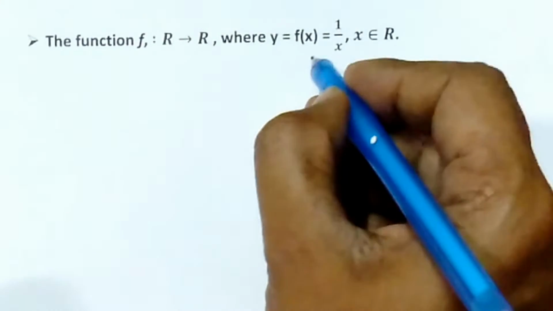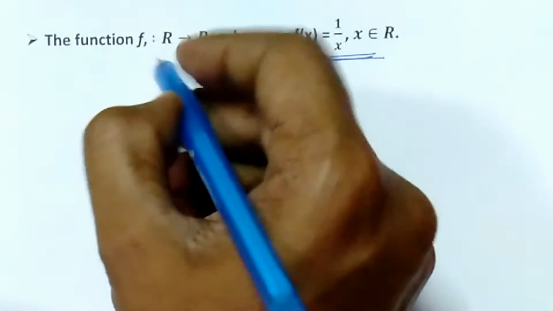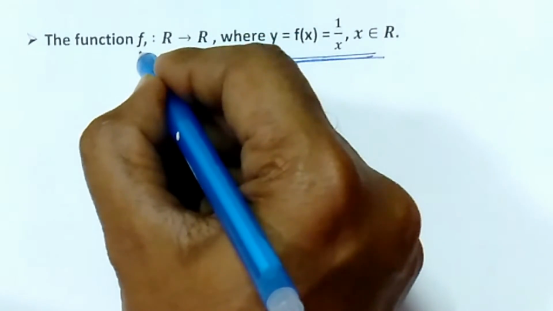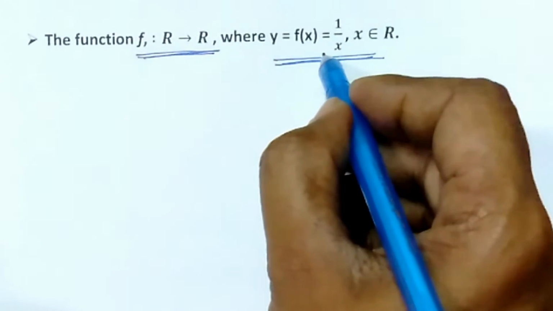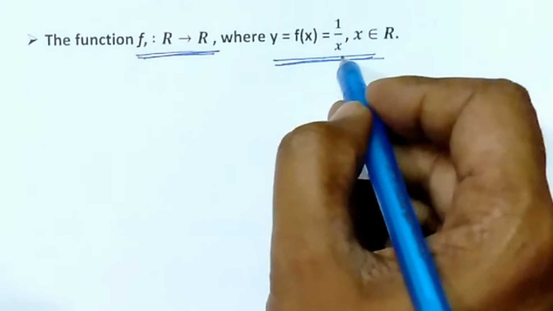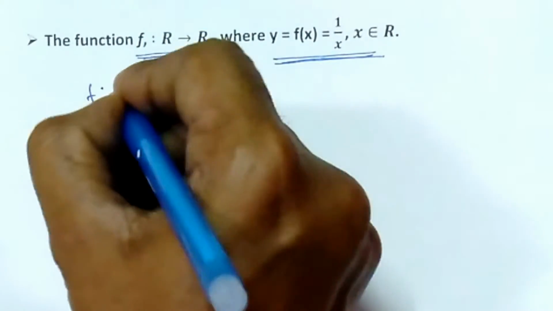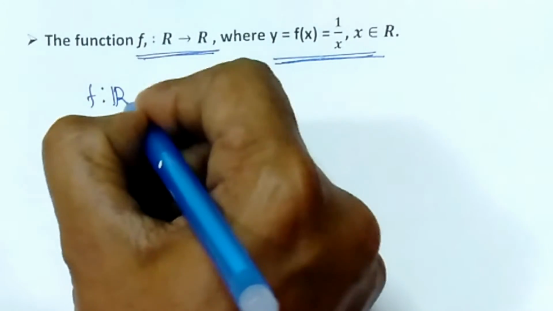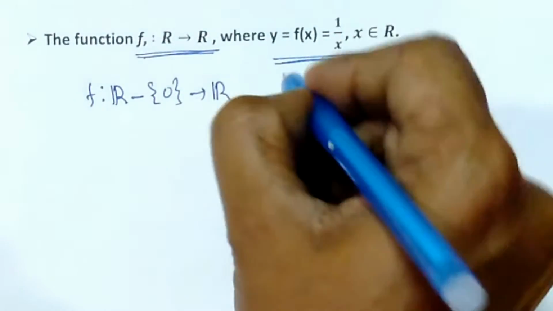Okay, the next function is y equals f of x equals 1 upon x. Now the function is defined from real numbers to real numbers, but here the function is 1 upon x, the reciprocal of x. So you have to redefine the function as f maps R minus 0 to R. Why?